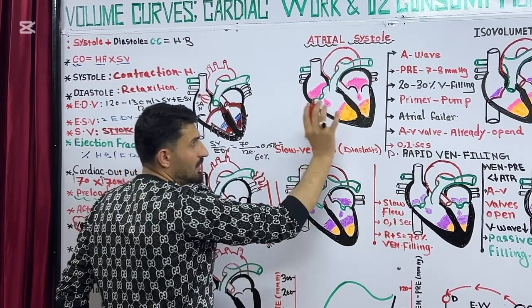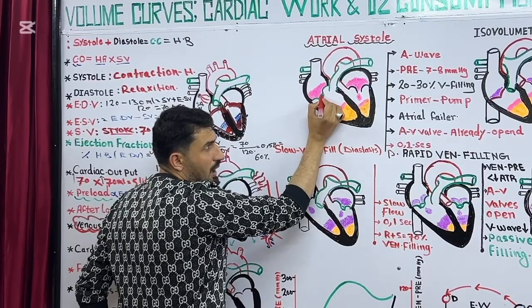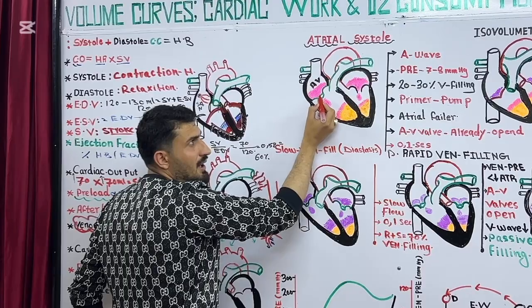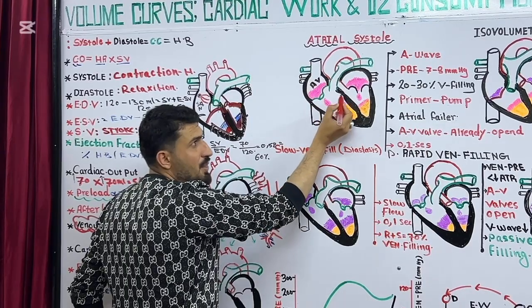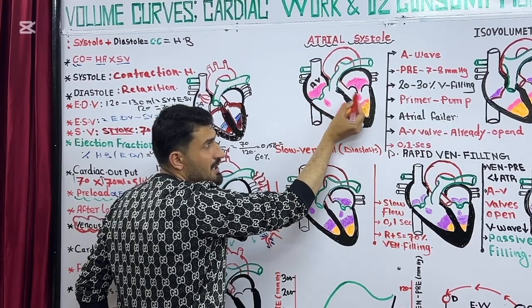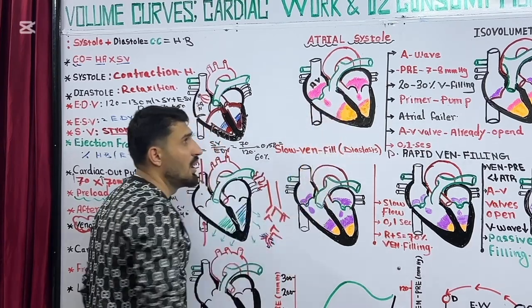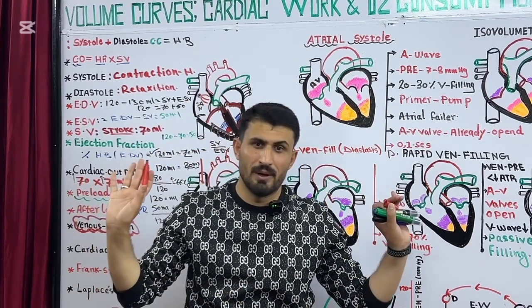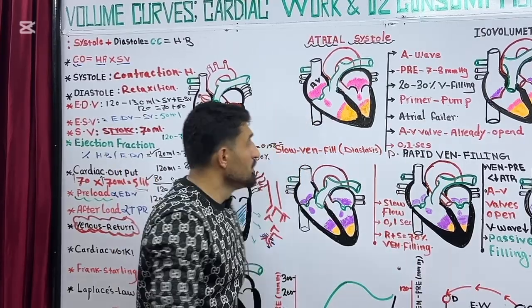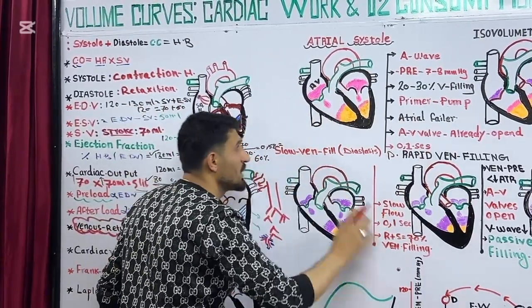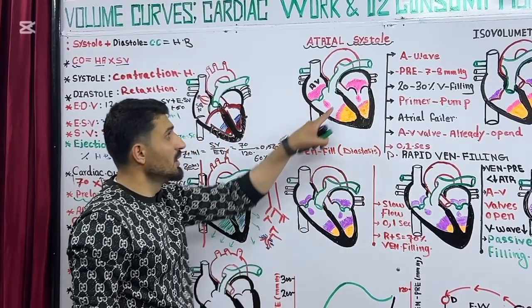These two valves, which are called AV valves, atrioventricular valves, are the mitral valve on the left side and the tricuspid valve on the right side. Okay, they are already open. Before we enter the atrial systole, I'll tell you in which phase they were opened.